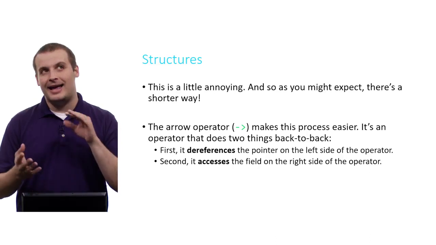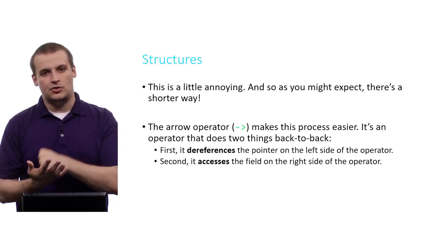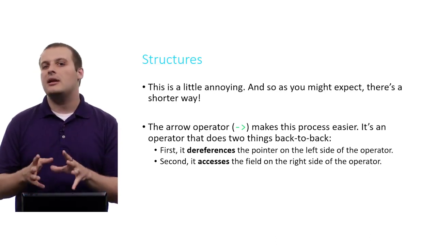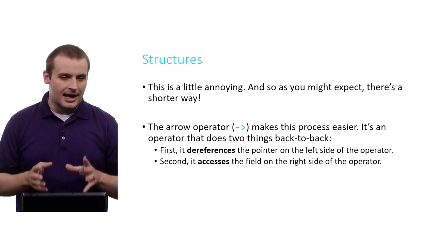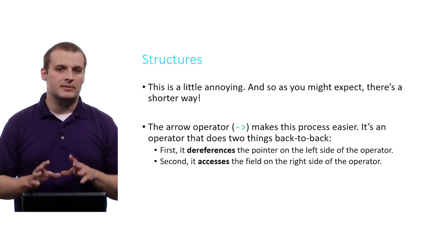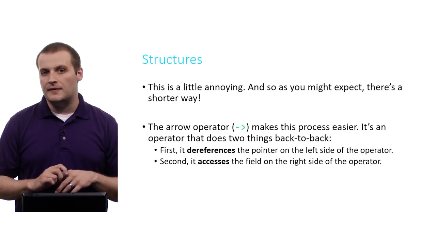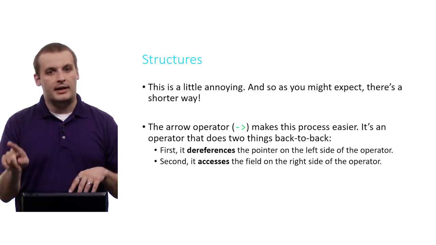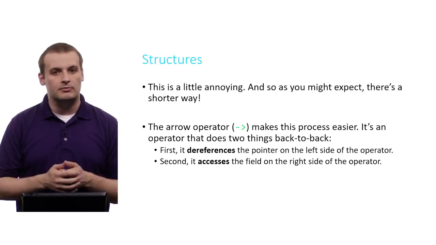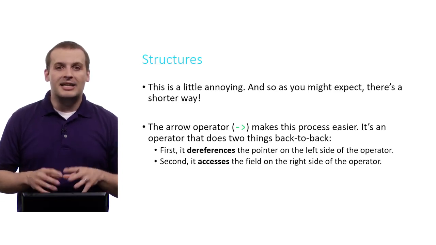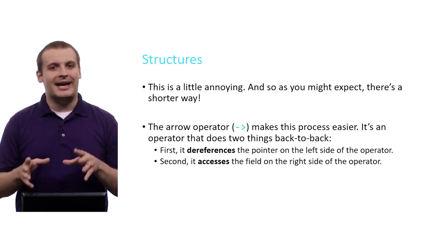It so happens that accessing the field of a structure via its pointer is a common enough operation that there is an entirely different operator that allows us to do this much more succinctly, and it is called the arrow operator, which is just a hyphen and then a greater than symbol, literally making it look like an arrow. It does two operations back to back.